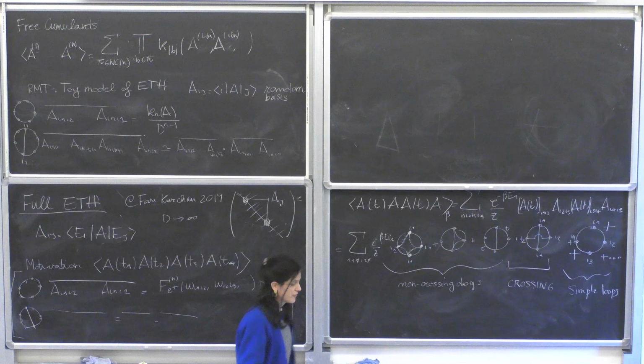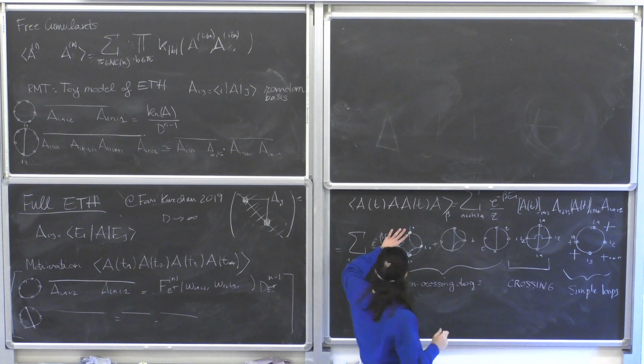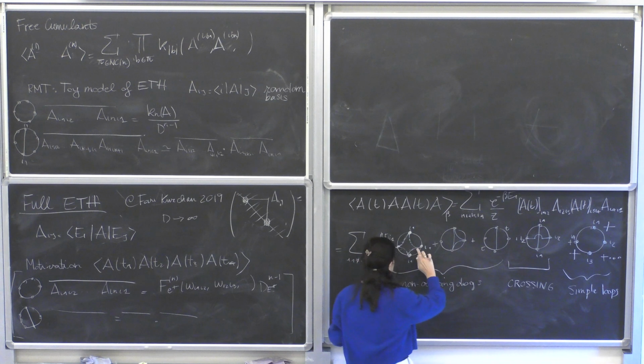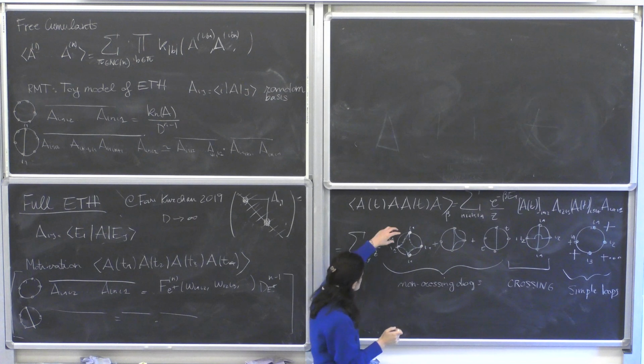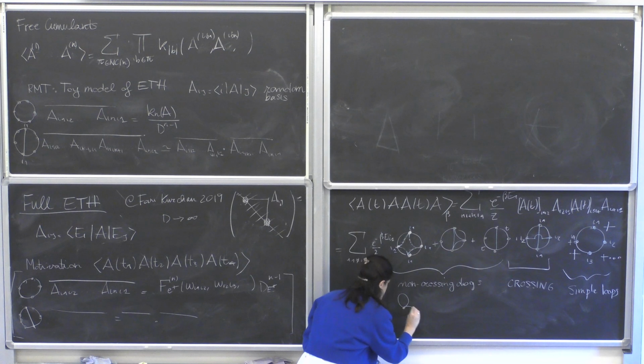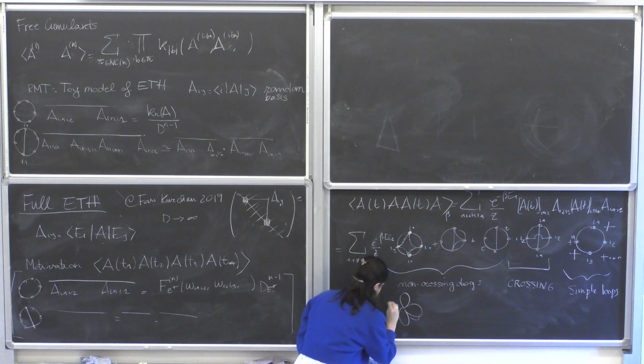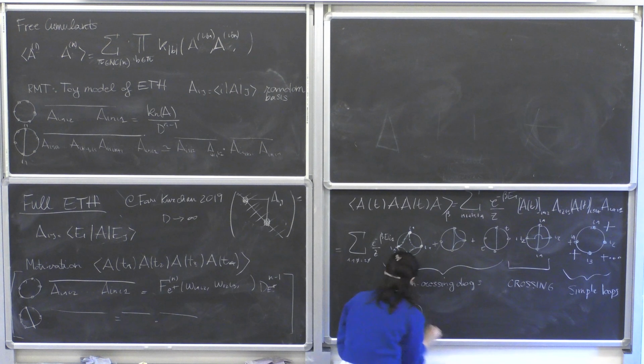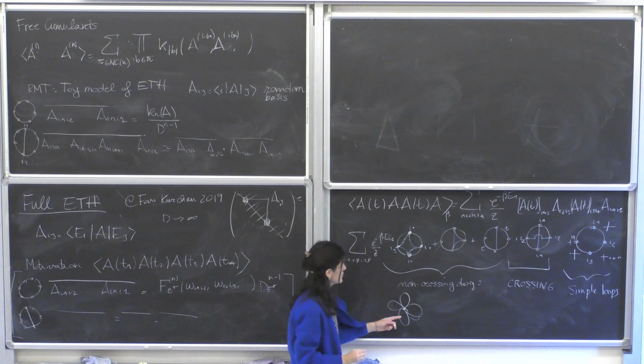Now actually for Yin and Kurchan, these crossing diagrams can also be seen as cactus diagrams. So imagine now you pinch the indices all in the same spot. So this is equivalent to this, a little flower.